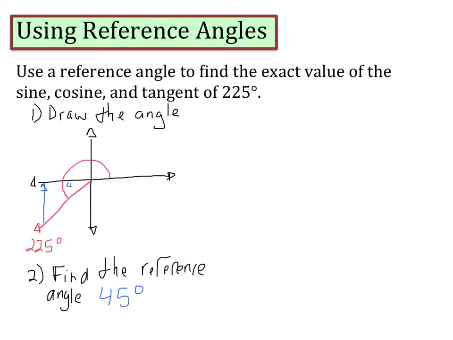So this right here is a 45-degree angle. Now, after I've drawn the angle and found the reference angle, what I want to do is notice that I've basically drawn a right triangle here. So my next step is to redraw that right triangle.